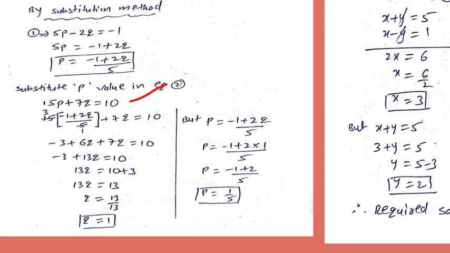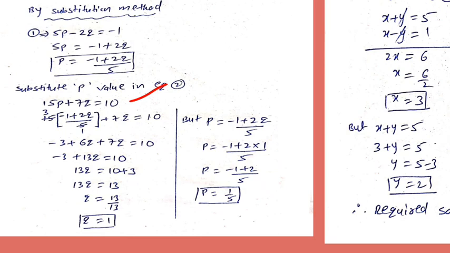So 3 multiplying inside: minus 3 plus 6q plus 7q equals to 10. So minus 3 plus 6q plus 7q equals 13q is equal to 10. So 13q equal to 10 plus 3, because minus 3 is a negative number. So next, 13q equals to 13, q equal to 1, answer.